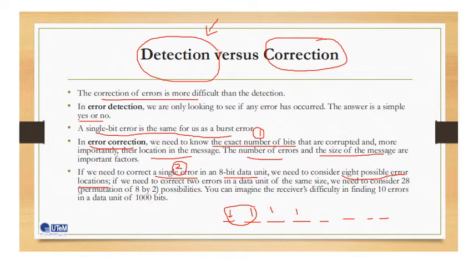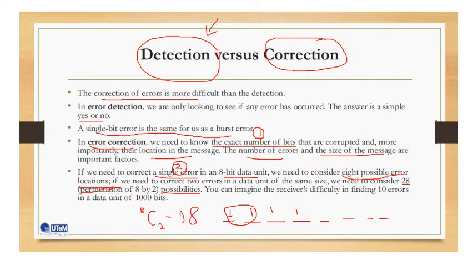In total, we need to consider 28 possibilities. How to calculate this? You use 8 combination 2. It's not permutation, that is wrong, it's combination. So the answer is 28.